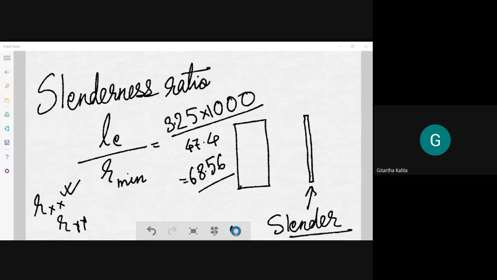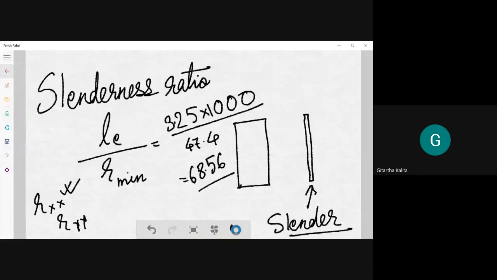And Rxx and Ryy, always remember, don't take it from the table having the single angle. You go to the new table having both angles back to back. You check the angle that you have selected. Then from there, Ryy you will be getting from the spacing that you provide, and Rxx is also in the neighborhood. You can see in the nearby table, Rxx is also given. So slenderness ratio we are getting like that, 68.56.